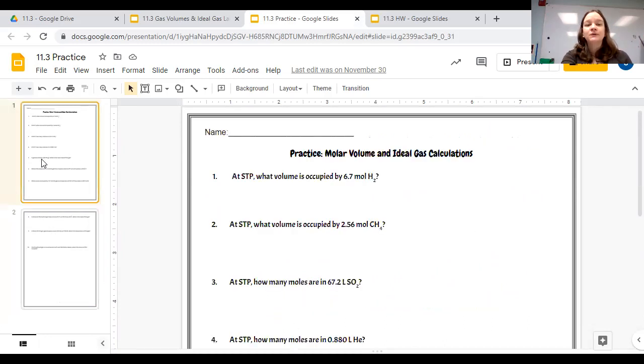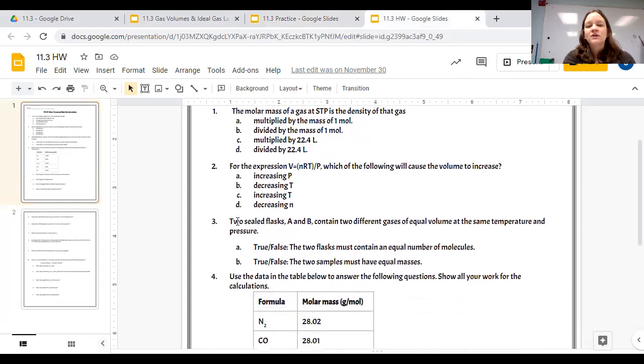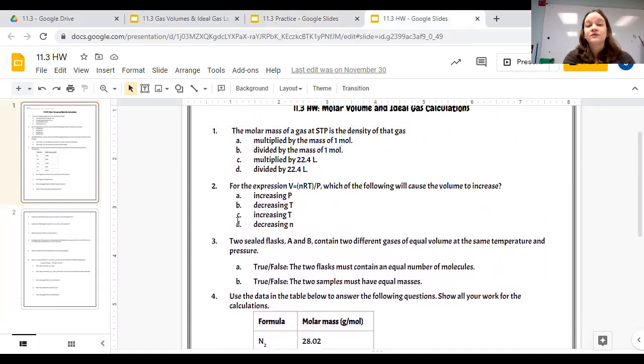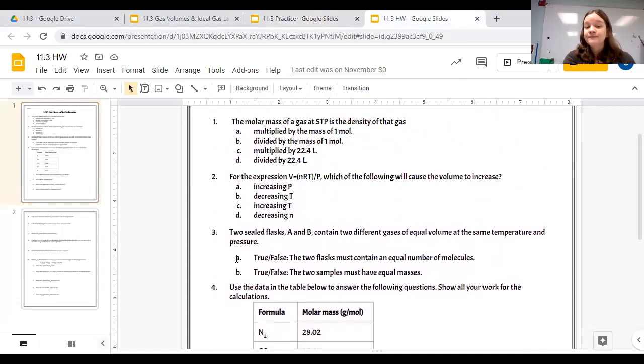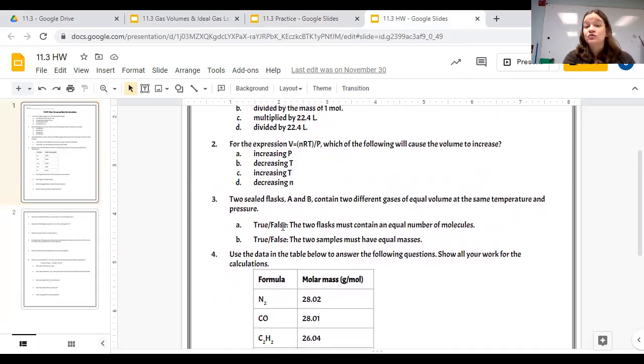So tomorrow, if you don't get it all finished today, you're going to do the practice problems and then start on the homework. The homework has you doing several things. The first 2 are multiple choice, and then number 3 has 2 true, false.